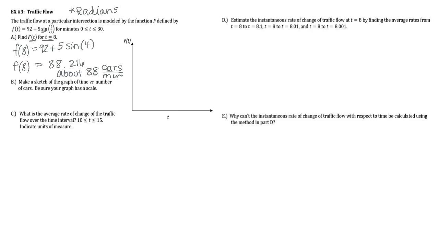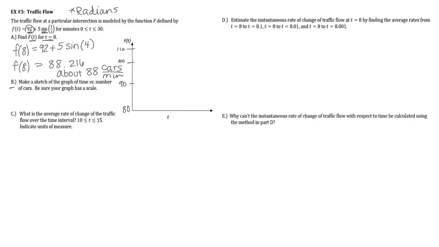Okay, so now let's go through and do some plots here. Notice part B wants us to make a sketch, and so a couple of things that we know about our points here. 92, this sine function, it has been moved up to 92, so it might be a good idea to start here at 80 and then maybe have a point here at 90, maybe 100, and then 110.